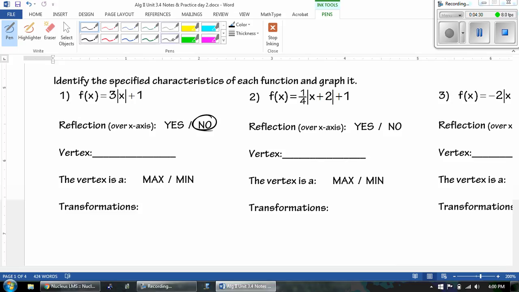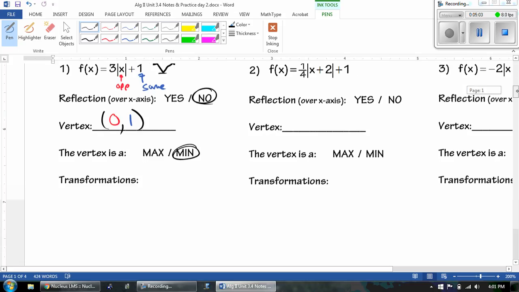So if there's no reflection, our graph's going to look something like that, and we can see the min. Now, when we're finding the vertex, we take the opposite of the number in here, which is 0. So I can't really take an opposite of 0. And the number out here stays the same. So our vertex is 0, 1.